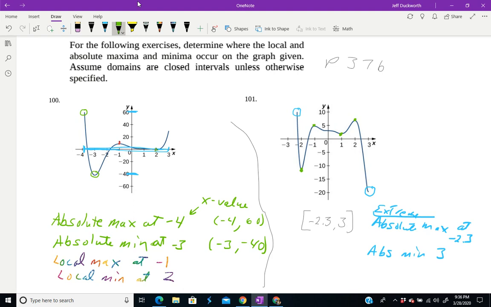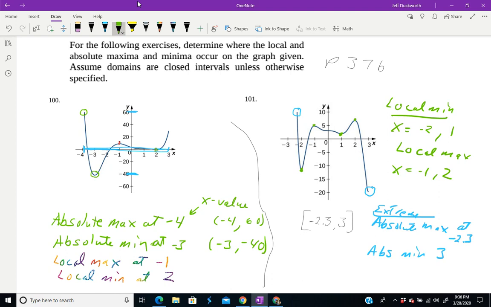And we have a local max there at 2. So local min looks like we have a point x equals -2 and x equals 1, and local max is going to be at -1, so x equals -1 and x equals 2.